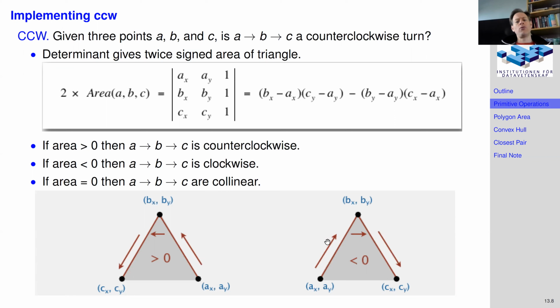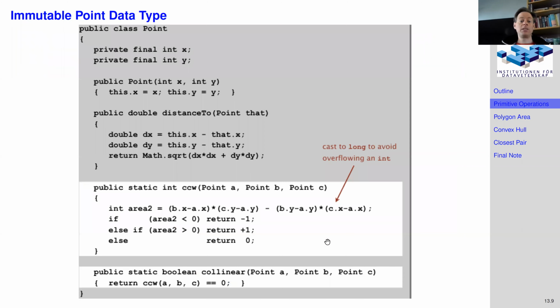If the area is greater than 0, then it's a counterclockwise turn. If the area is less than 0, then it's clockwise. And if it's exactly 0, then the points are collinear. So this gives us a very straightforward way of computing whether 3 points correspond to a counterclockwise turn, a clockwise turn, or if they're collinear. Very convenient and simple to compute.